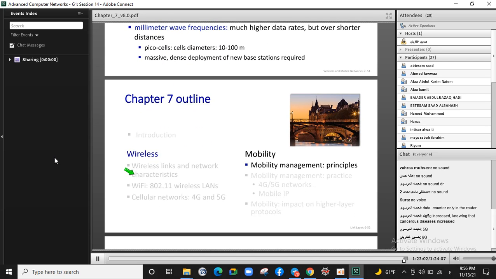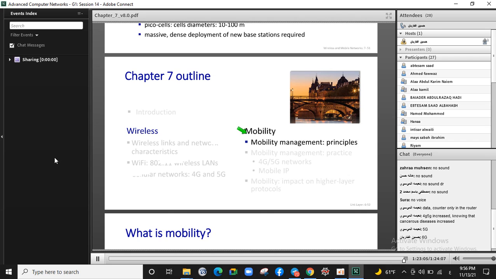So I'm using picocells, and the main question is this: how can I control those picocells, especially in mobility aspects?